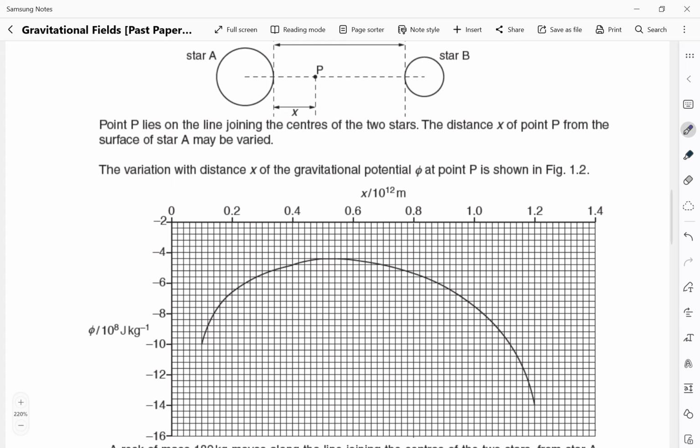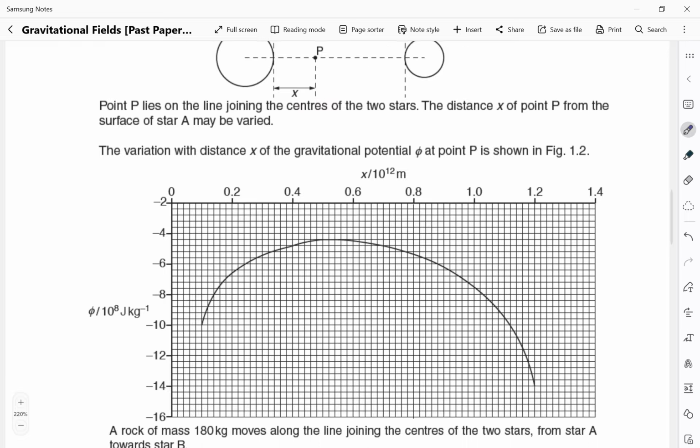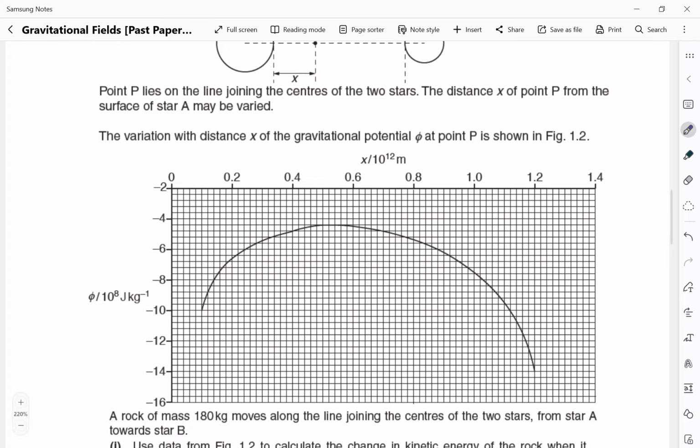The variation with distance x of the gravitational potential φ at point P is shown. So we see that the gravitational potential increases as we move far away from star A, and then it decreases as we move closer to star B.